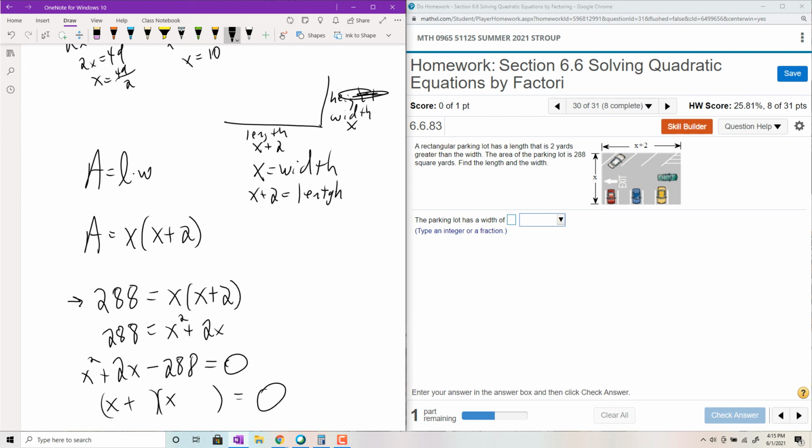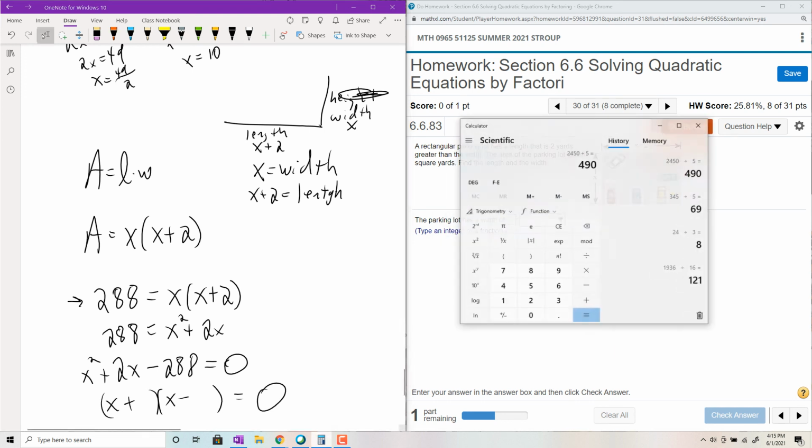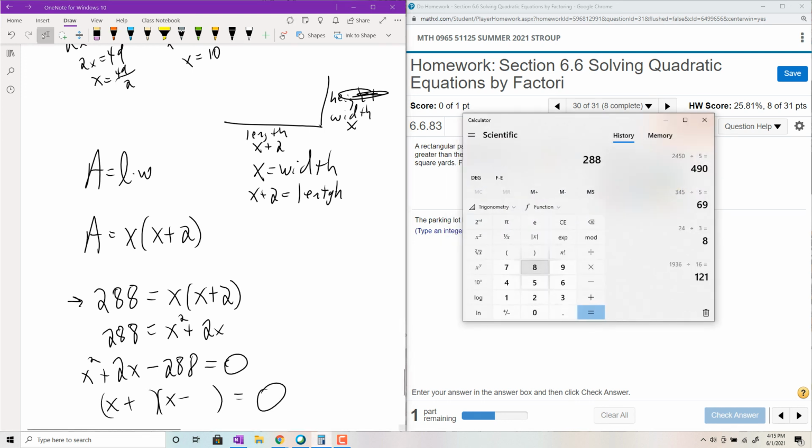So x and x plus minus 288 divided by, how about 24? 24 and 12? No. And then you can kind of factor it and just shuffle the numbers around to get a nice answer.